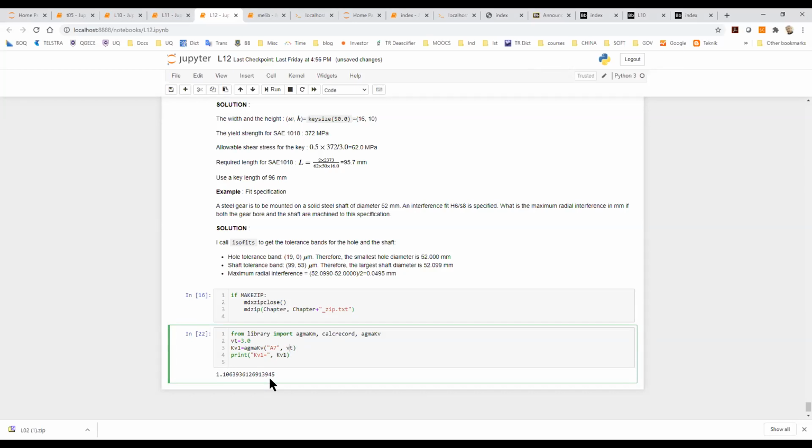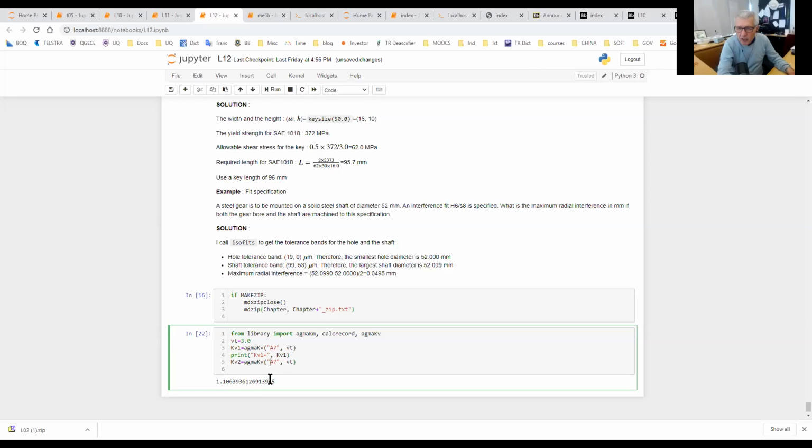And let's calculate the second KV. It's A10, isn't it? Yeah. And print that one too. Control Enter.